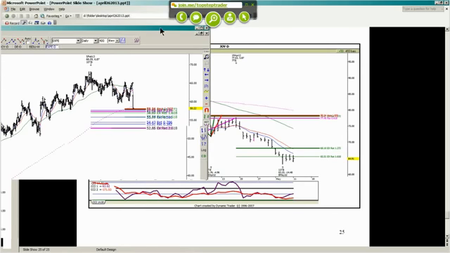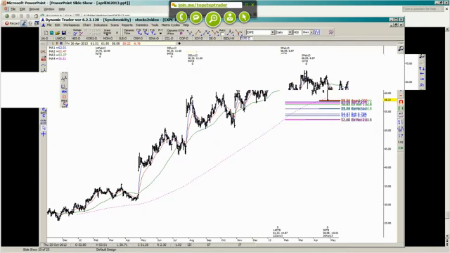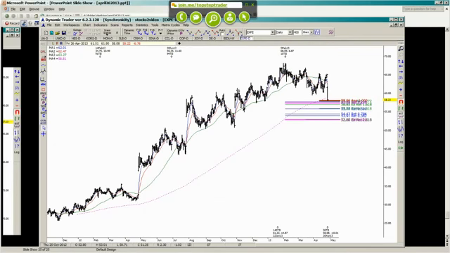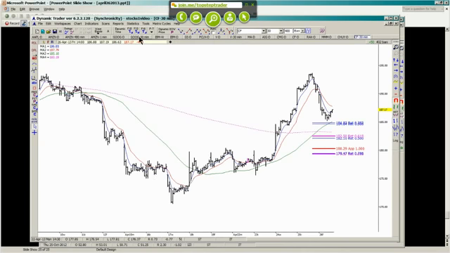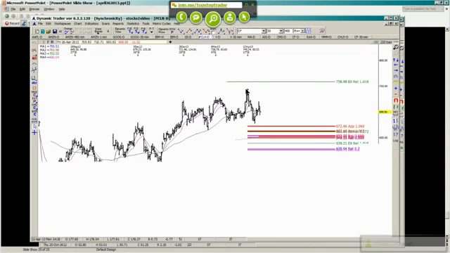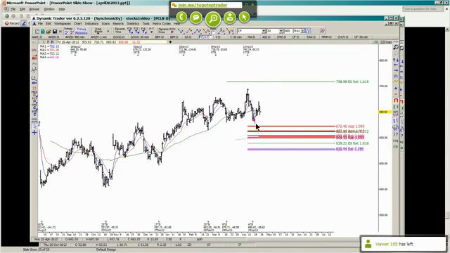Let's see if I can grab that. I have to find, okay, this was the wrong workspace. Okay, so for example, Priceline. I don't have a setup. I didn't have a setup at these last lows. I don't have a setup here on the daily chart either. I might if I went down to an intraday chart.